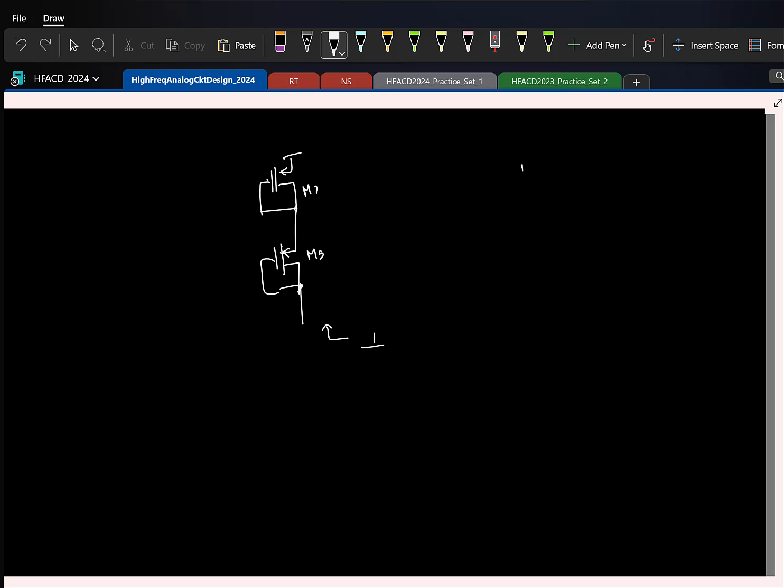Remember, if I just have, hold on, I'm drawing two circuits. So let's get to that. So basically this impedance is 1 by GM. Everyone is fine. So remember, how many terminals do I have in this network? Two terminals. So how many port network? One port network. Again, small signal, it is a linear one port.